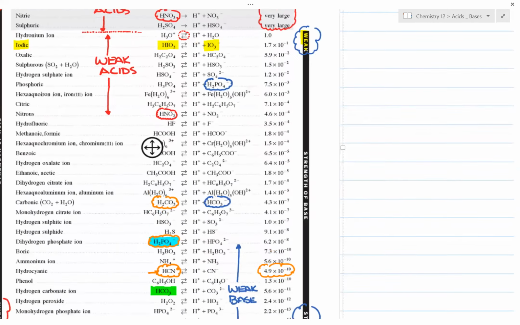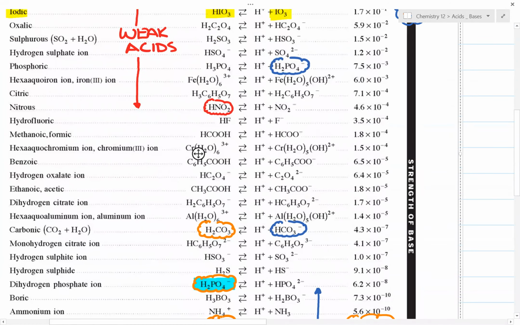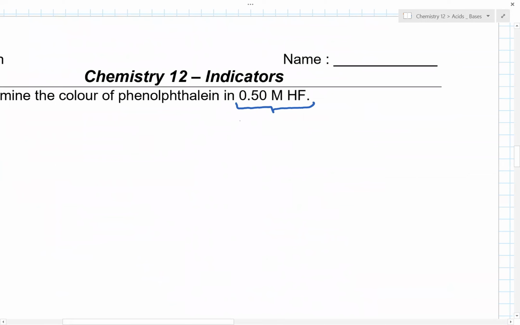And here, HF is right here. Notice it's a weak acid. And because we have to do calculations, therefore we have to use ICE tables.